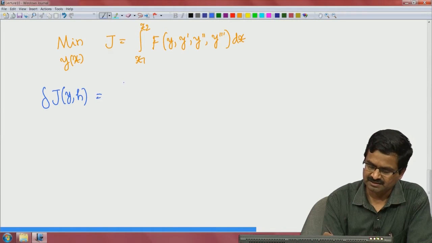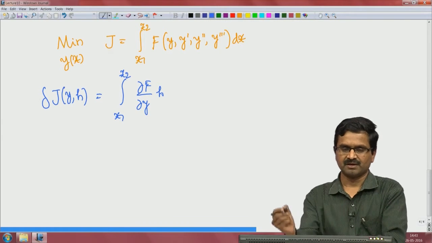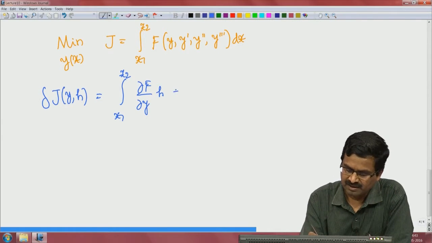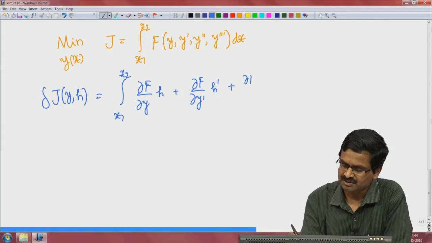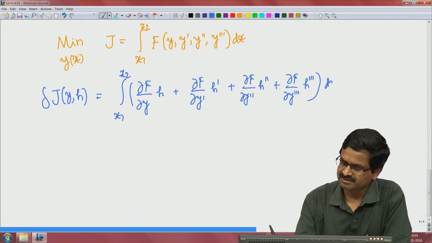That is an integral still from x1 to x2 of dou f by dou y times h plus dou f by dou y prime h prime plus dou f by dou y double prime h double prime plus dou f by dou y triple prime h triple prime dx.